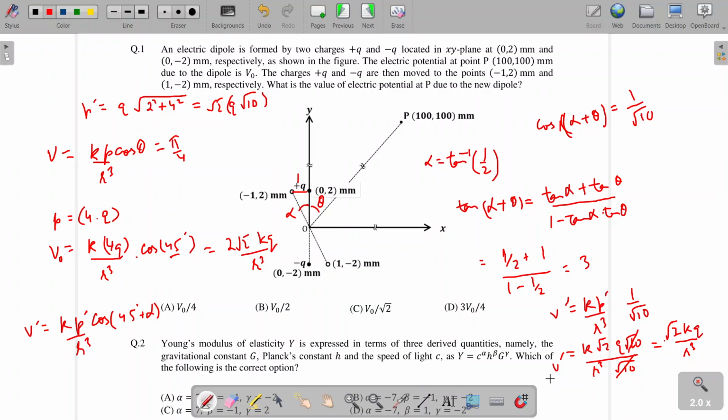So V dash is clearly V naught divided by 2, or V naught by 2. So that means option B is correct.